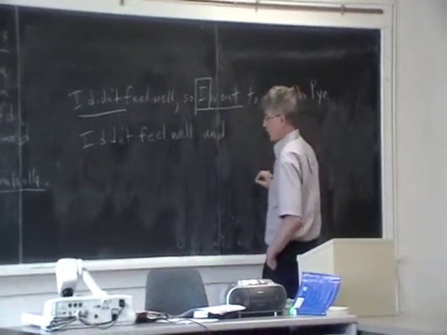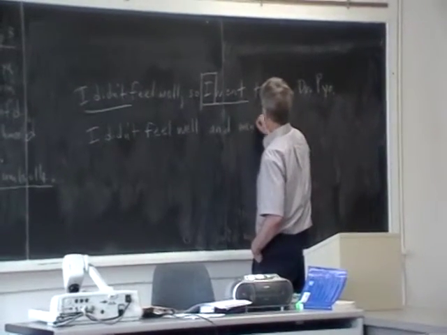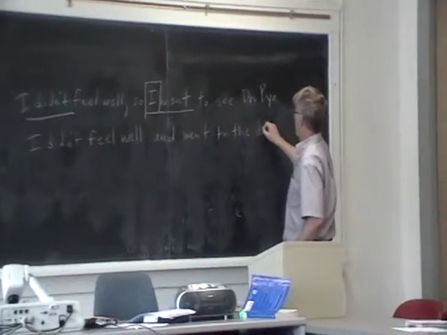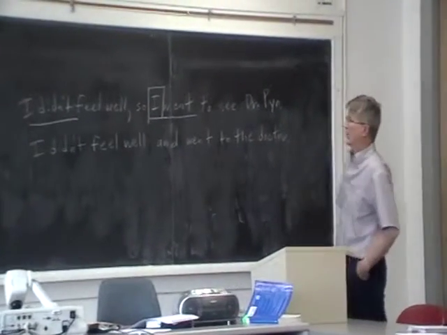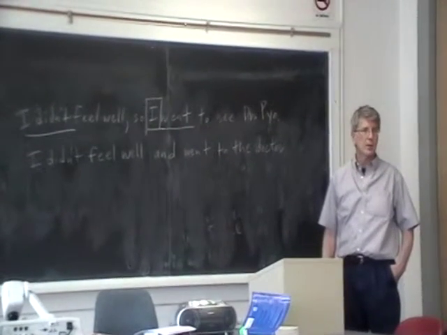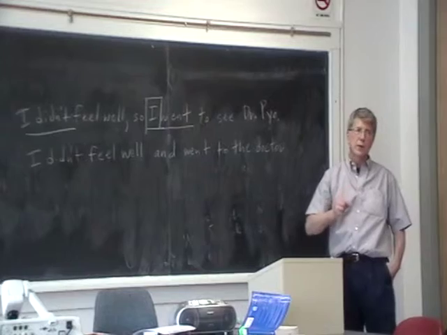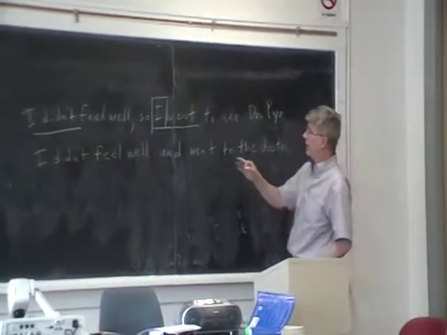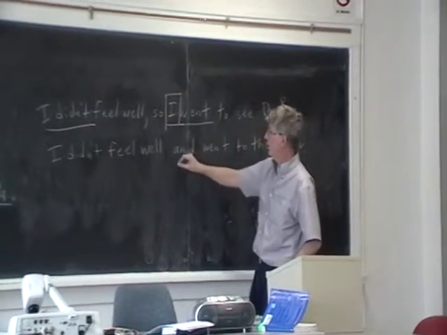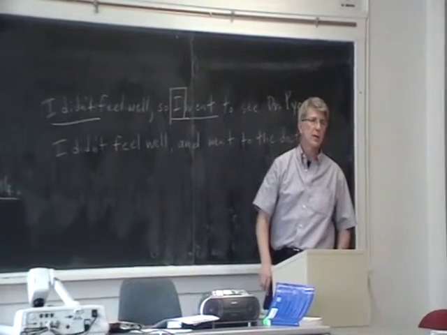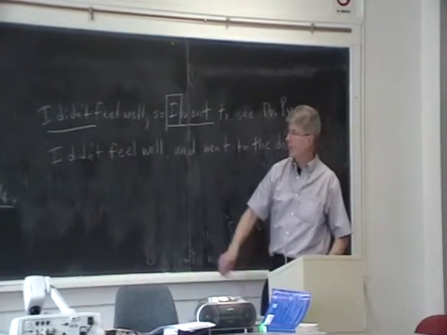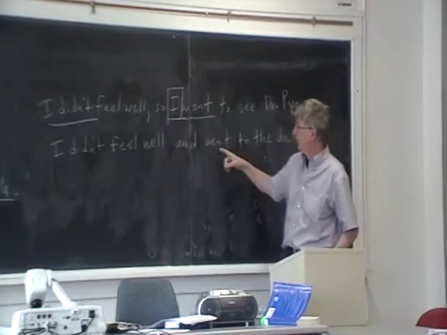I didn't feel well. What's the difference here? We don't have a subject. If we have that subject, and I put a subject in here, then we've got to put that comma there, because we have two sentences, a compound sentence. But if I don't have one here, we know this goes with that.